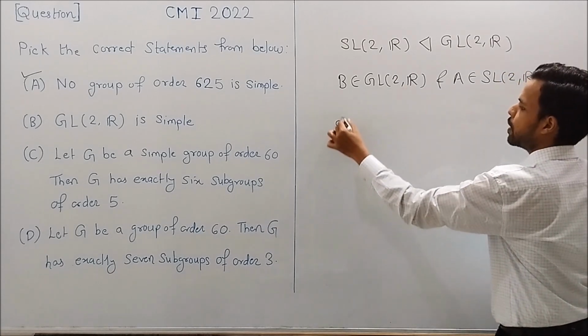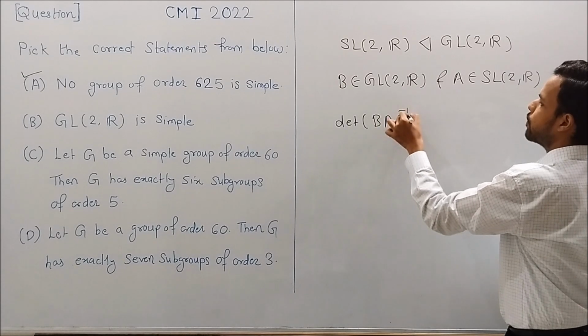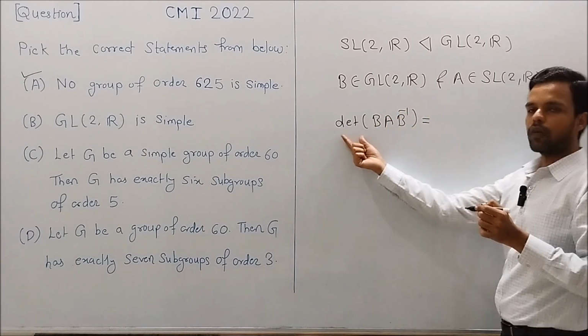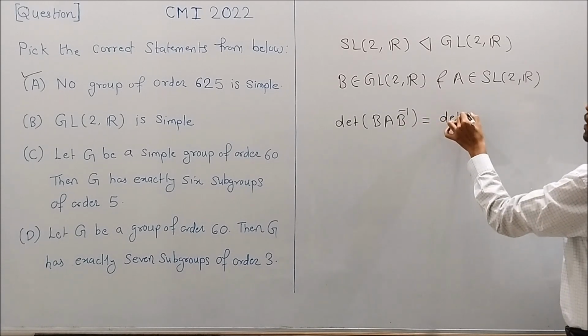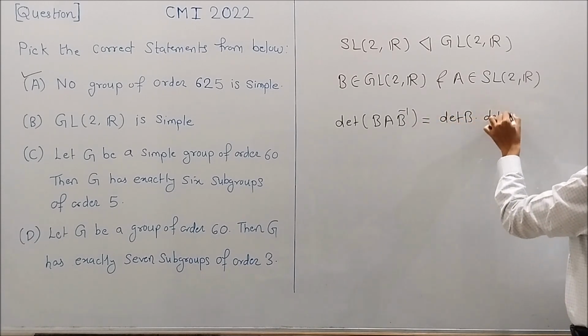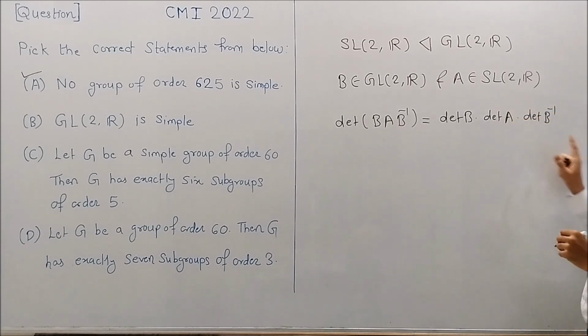Now consider the determinant of BAB inverse. We know by properties of determinant that the determinant of BAB inverse can be written as determinant of B times determinant of A times determinant of B inverse.